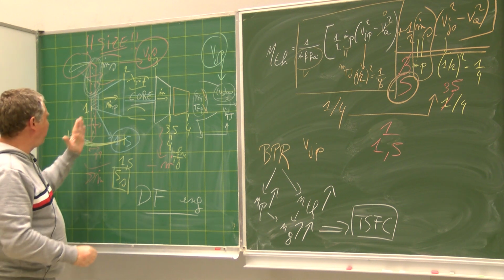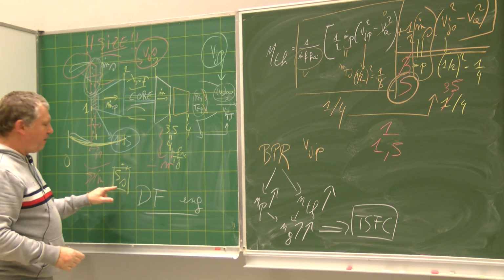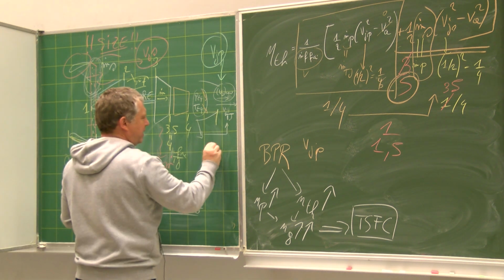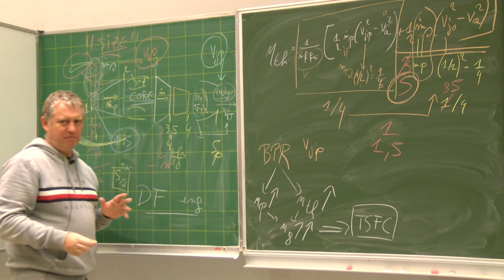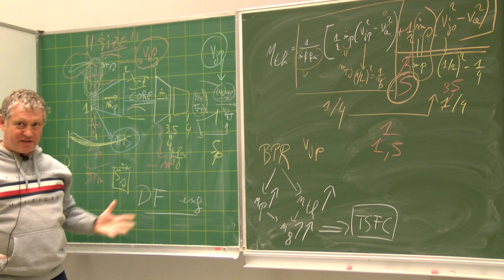So after 1.5, because 1.5 is here, and so this is more the section 5 secondary, and this one is now the section 5 primary. Okay? And so you increase the size of this system.